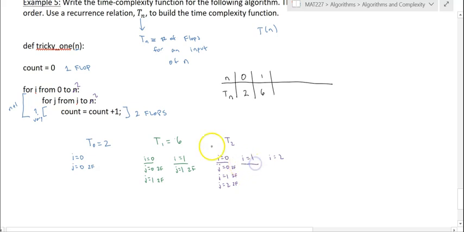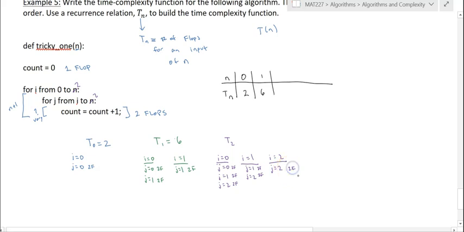Now i becomes 1. And then j goes from i to n. So it'll go from 1 to n, and that means it'll just run for j equals 1 and j equals 2. This will give us 2 flops and 2 flops here. And then for i equals 2, that means j will run from 2 to 2, which means j will only take on a value of 2.